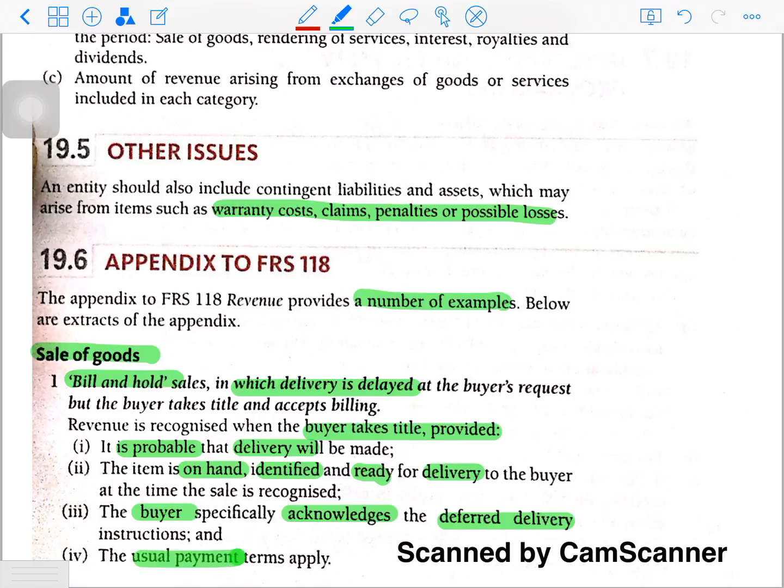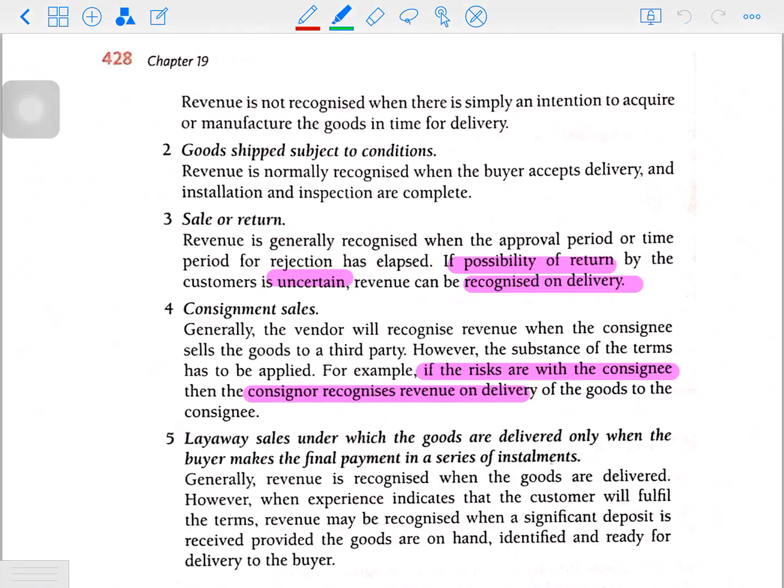Usual payment terms apply. So this is for bill and hold sales. You can recognize when the buyer takes title, provided that they have fulfilled these requirements. Revenue is not recognized when there is simply an intention to acquire or manufacture.